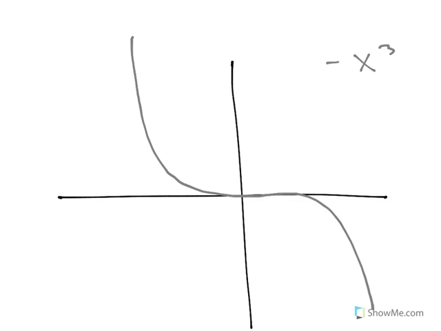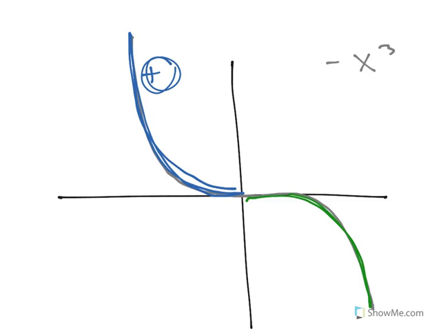Here, if you were to get the second derivative, you will find that in this portion the second derivative is positive, and in this portion the second derivative is negative. So let's try it.